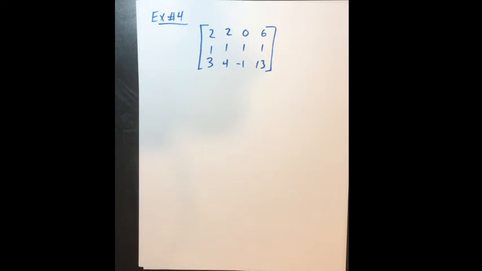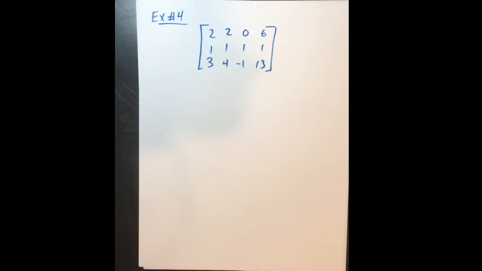All right, for example number 4, we're wanting to solve the system of equations using this augmented matrix. And we just did an example in number 3 where we did some row operations. We were told what to do on the last one, but if you noticed, it created a 0 in the first entry of the second row, getting us a little bit closer to row echelon form.